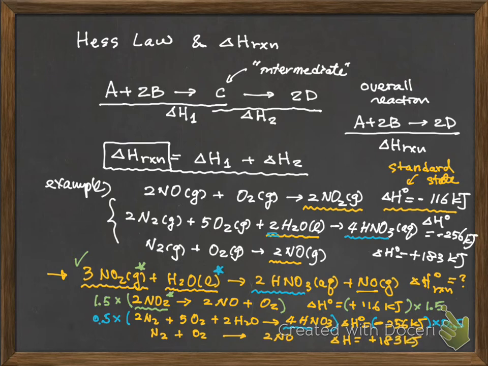But now I have to once again correct for the different constant. I only need NO, so this whole equation should be multiplied by 0.5.